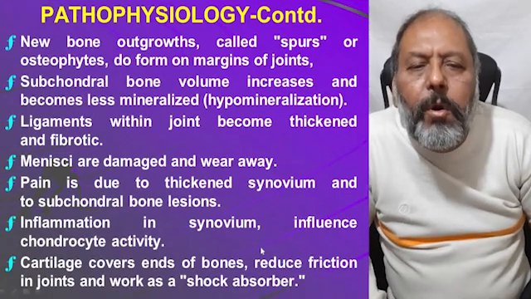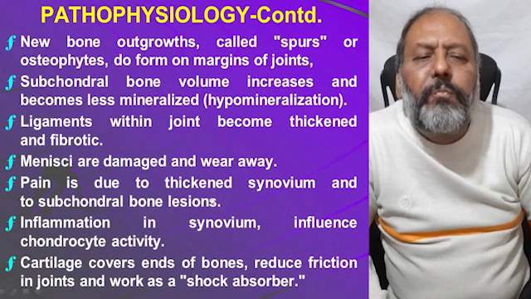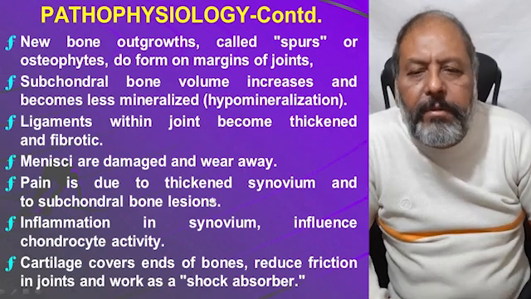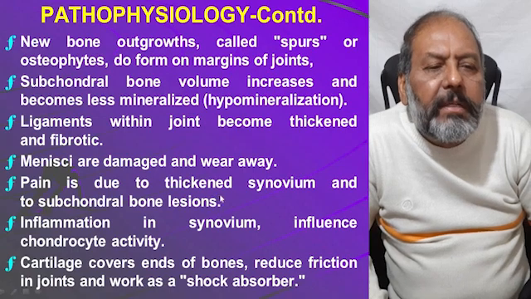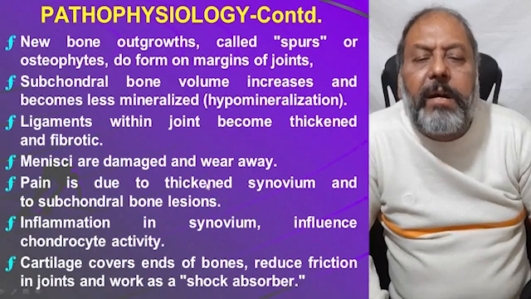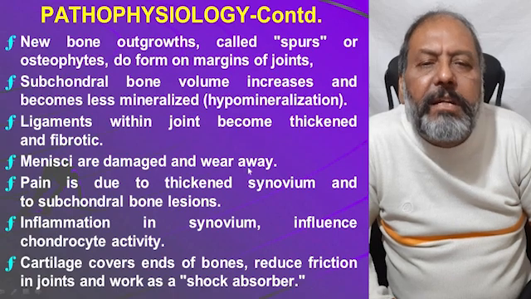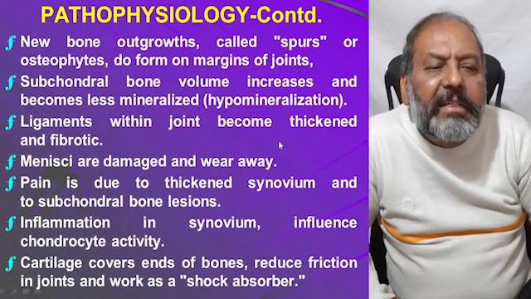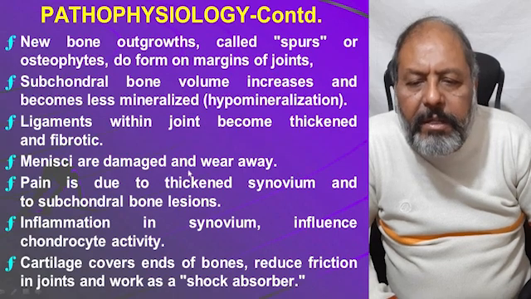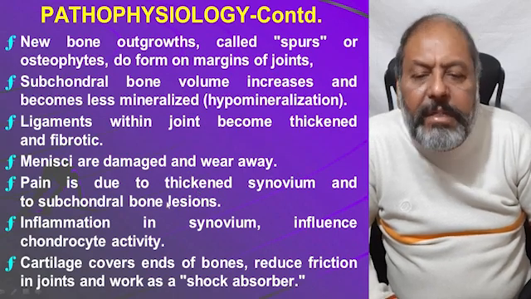Now, new bone outgrowths called spurs or osteophytes form on the margins of the joints. Subchondral bone volume increases and becomes less mineralized, that is called hypomineralization. Ligaments within the joint become thickened and fibrotic. Menisci are damaged and wear away.